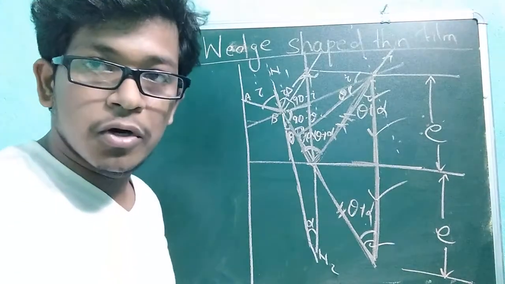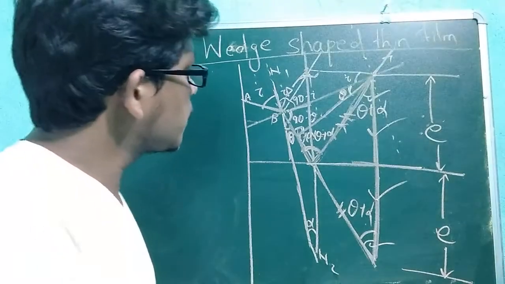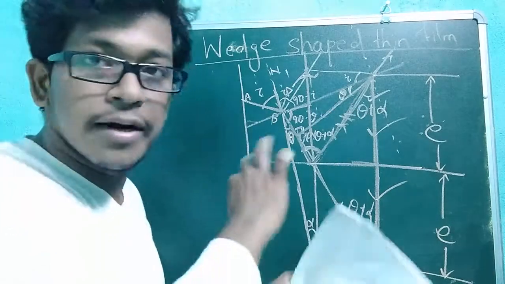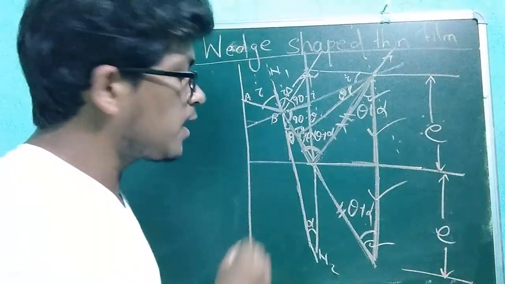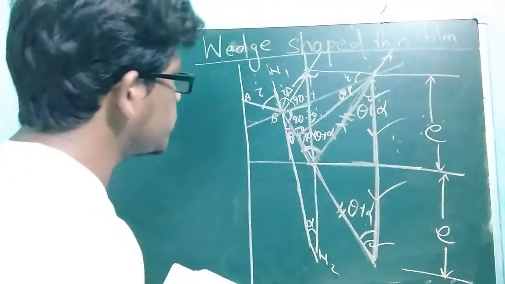Before going to the derivation part, I would like to name all the points because this is already messy. If I give the names, then I can do it easily.